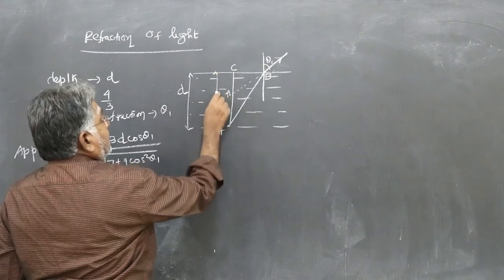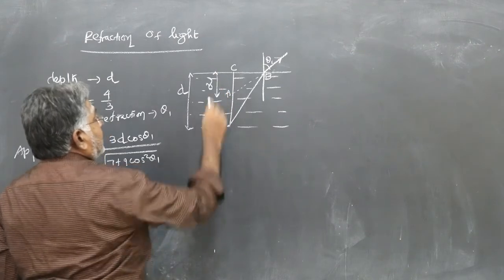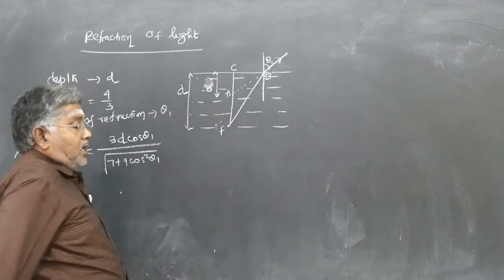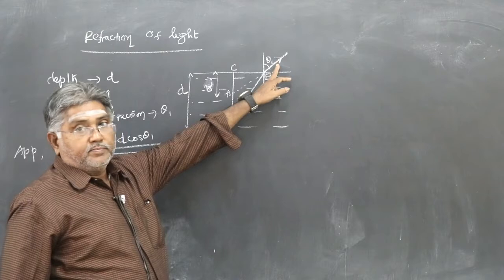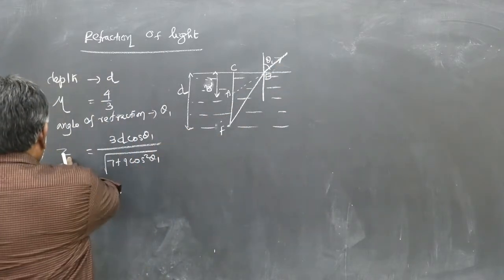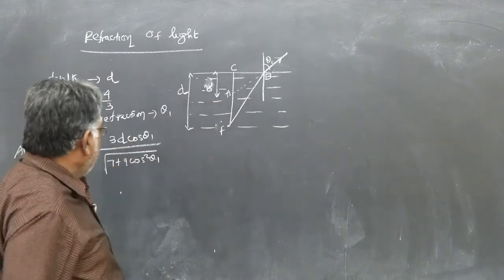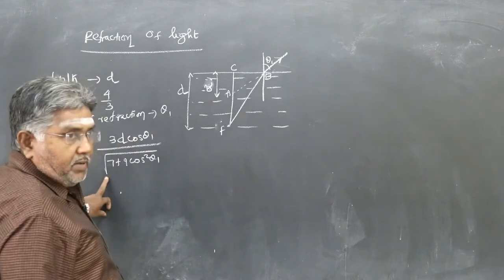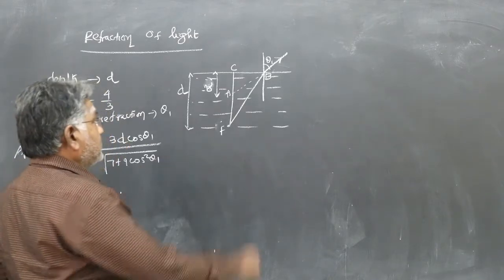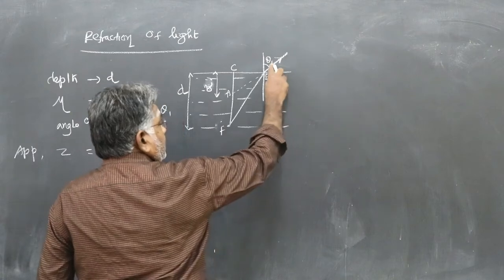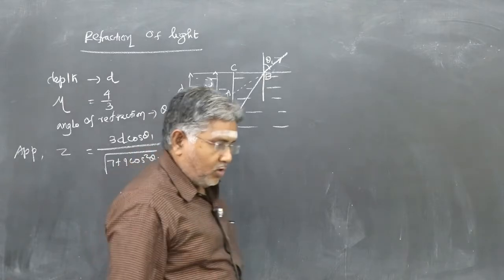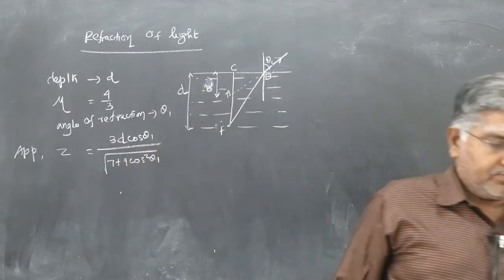This is the apparent depth, let's say z. When you are viewing from here, you have to prove the apparent depth z is given by the formula 3d cos theta 1 divided by root of 7 plus 9 cos squared theta 1. The person is viewing from here, so apparent depth is this, real depth is this, and how do you connect all these things? That is the question.